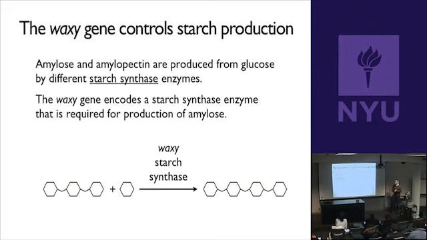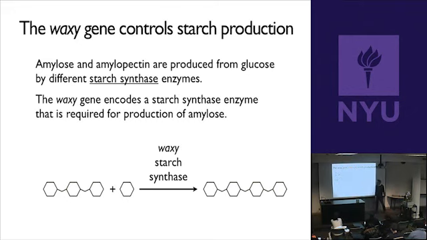And these enzymes as a group are called, unsurprisingly, starch synthase enzymes, because they take glucose and they synthesize starch out of them. So there's a starch synthase that makes amylose, and there's a starch synthase that makes amylopectin. Okay? And specifically, this gene WAXY makes a protein that is a starch synthase that's required to make amylose.